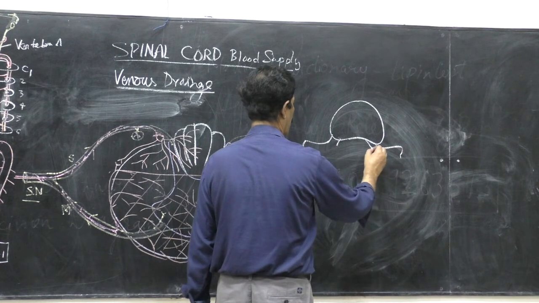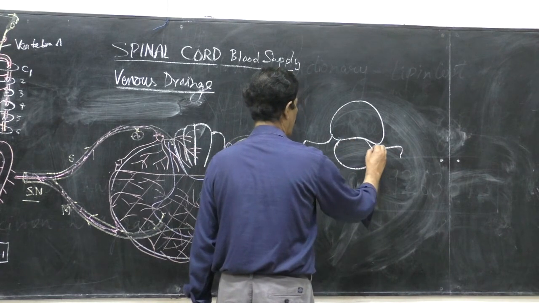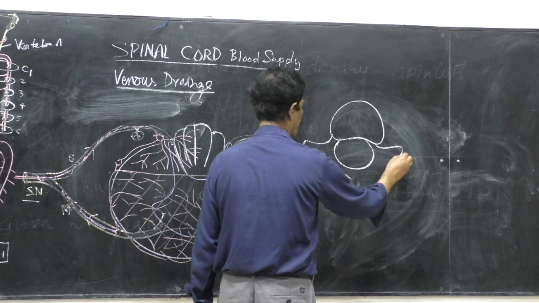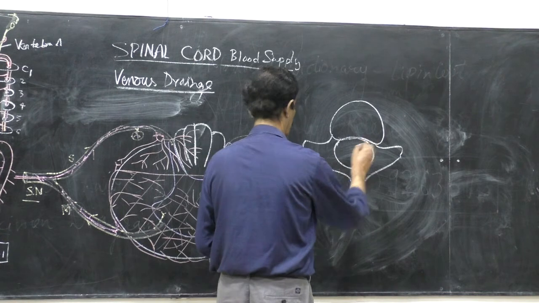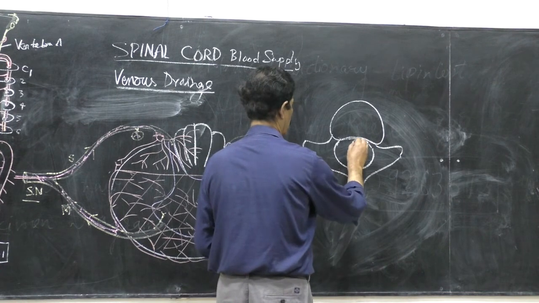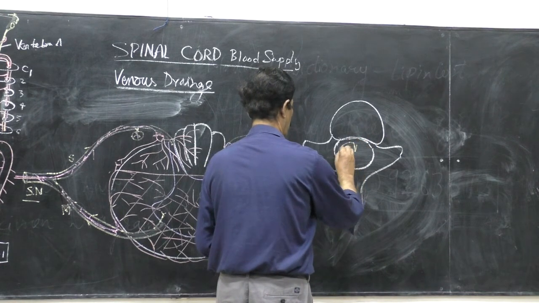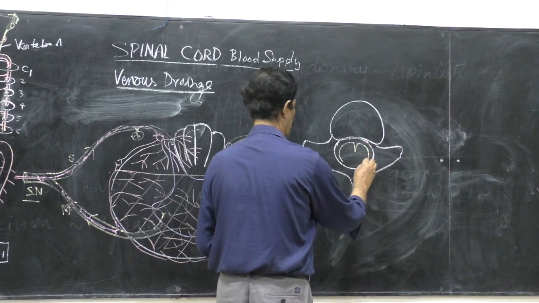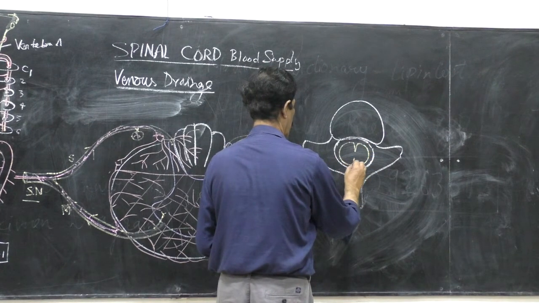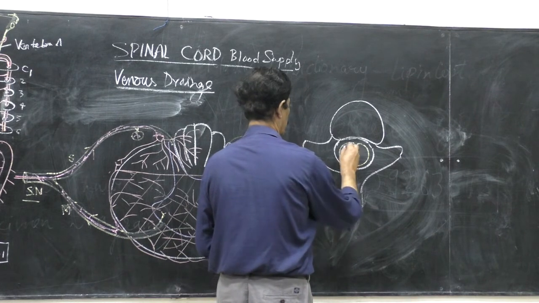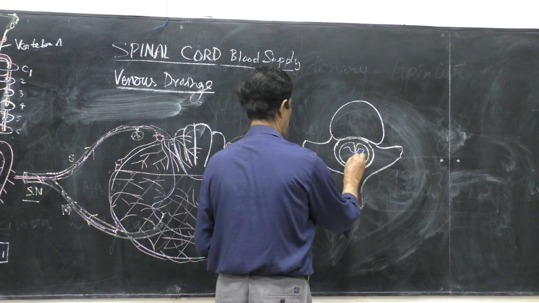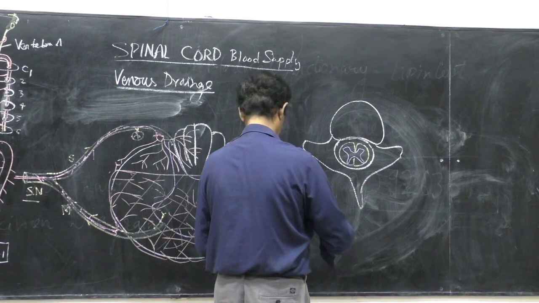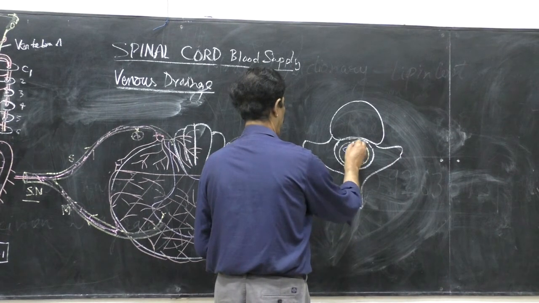As we know, the spinal cord is lying in the vertebral canal or spinal canal of the vertebra, surrounded by the pia mater covering.